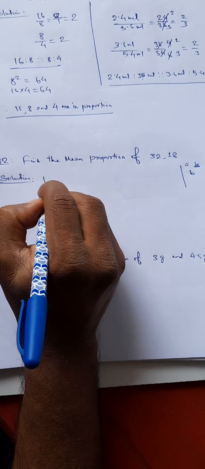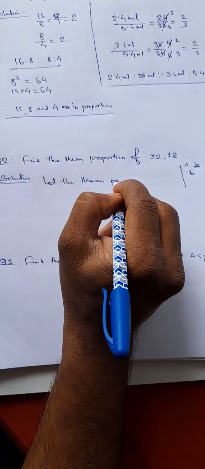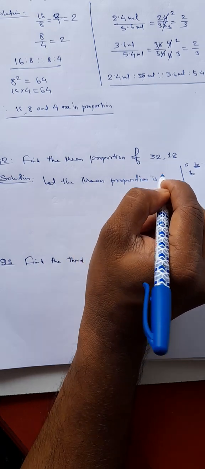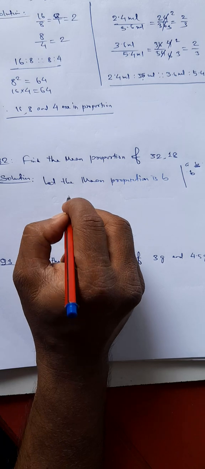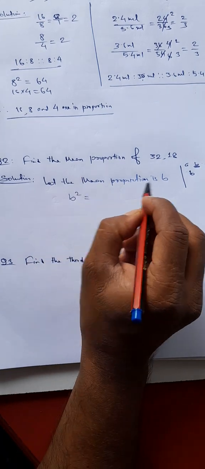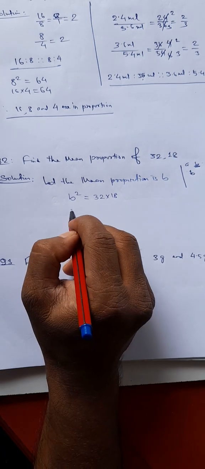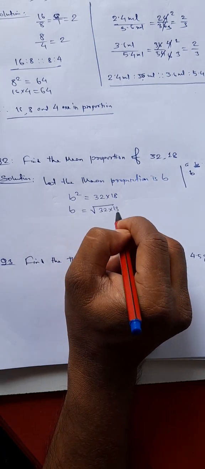So let the mean proportion be B. Now B square equals 32 into 18. So you have to find the square root of 32 into 18.